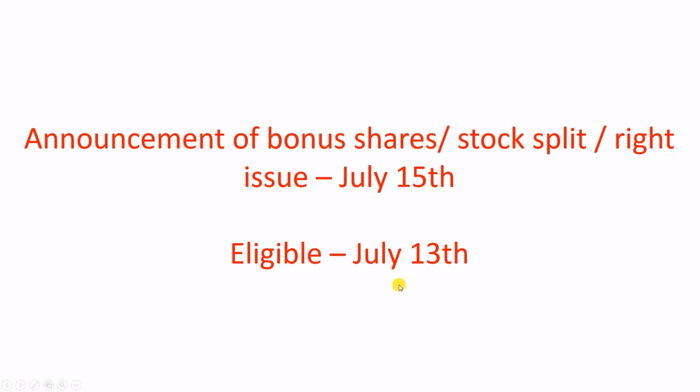So the company says that if you have bought a share of the company before July 30th, then you are eligible for bonus shares or stock split or right. Okay? So these two are just random dates, alright? So if the company announces these on July 15th, then it will say that if you have bought shares of our company before this date, then you are eligible for this.